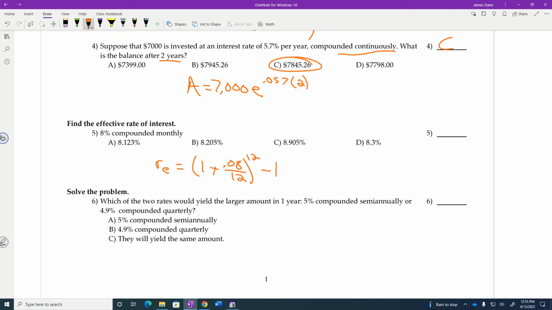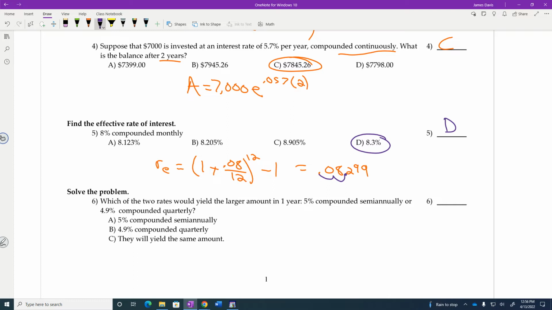Make sure you use parentheses with that fraction inside of the parentheses. And you should get 0.08299. Rate's always got to be in decimal form though, so move it over 2 places: 8.29%, which is 8.3%.